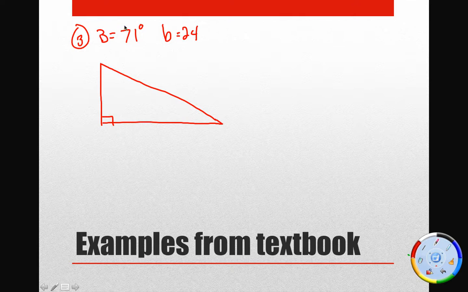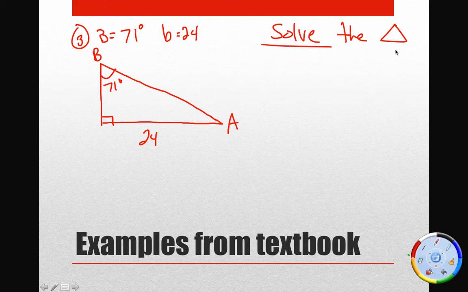You guys do have to remember that big B is an angle, little b is a side. So they say, okay, here's 24, here's big B, here's big A, and this angle is 71 degrees. Now, when it says solve the triangle, it basically says find all 6 pieces.